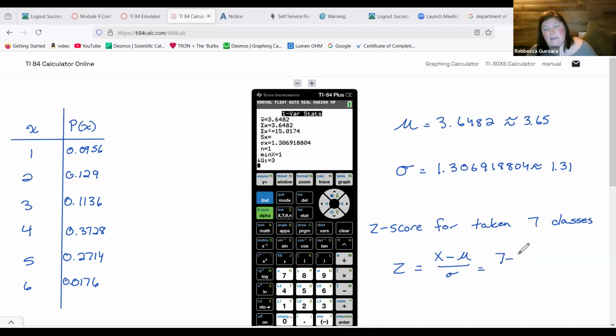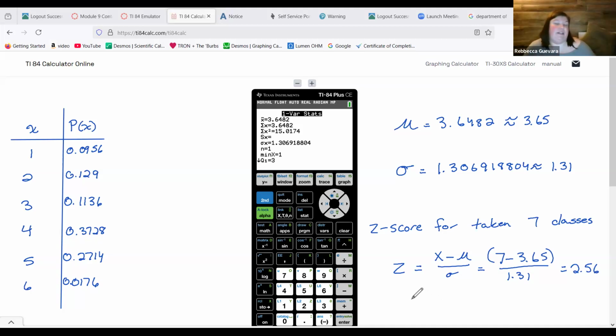So I'd have 7 minus 3.65, divided by 1.31. Don't forget to put parentheses around the top. And I'm going to get a z-score of 2.56.